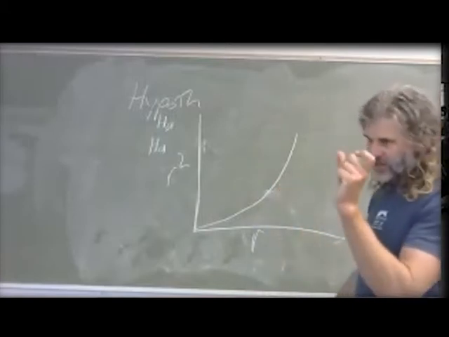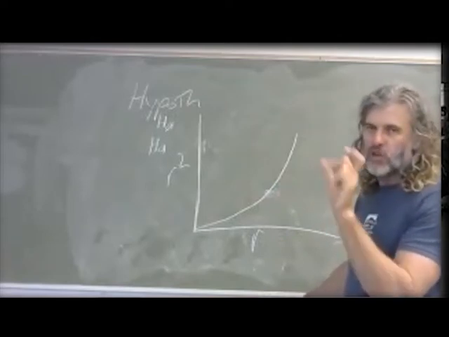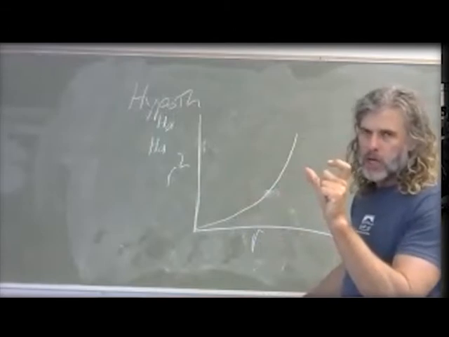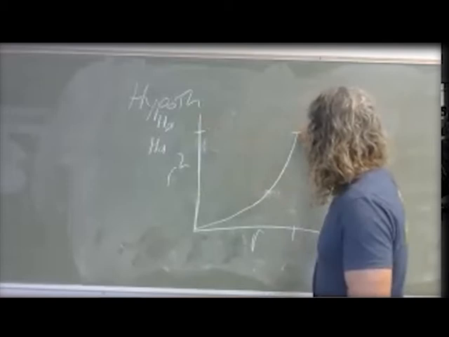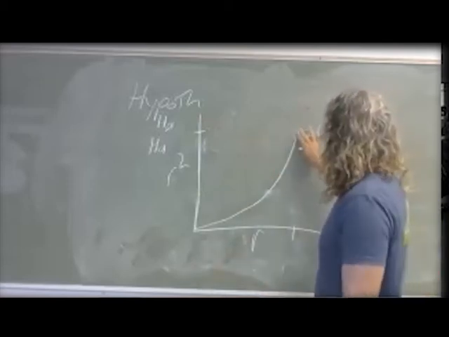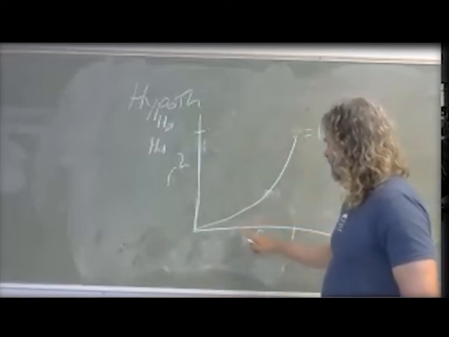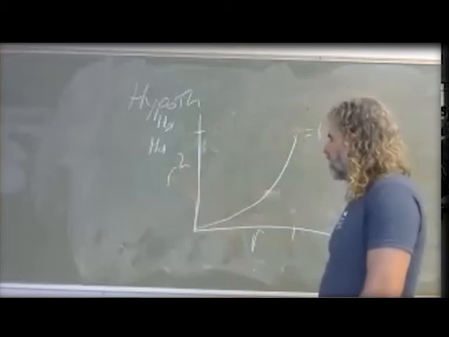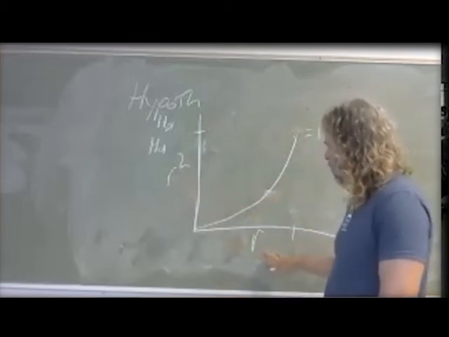When you square a number that's less than 1, you get an even smaller number. And if you square 1, you get 1. So what this is saying is R squared is really nice because it doesn't have the problem that R has.